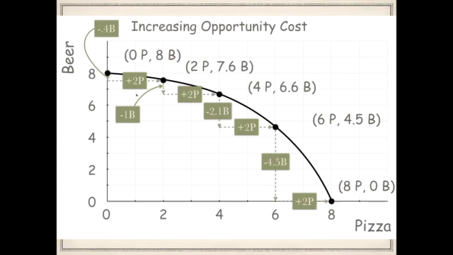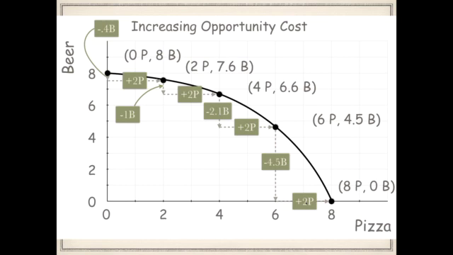So what you can see here is that when we initially increased pizza production by 2 units, it only cost us 0.4 beers. The next incremental increase in pizza production by 2 units now costs 1 beer. The next incremental increase of 2 units is now causing us to decrease production of beer by 2.1 units.